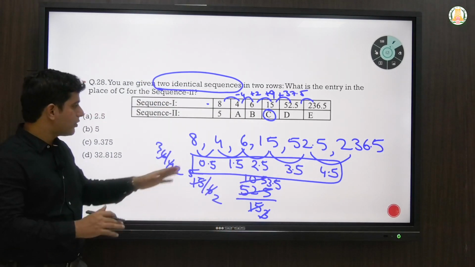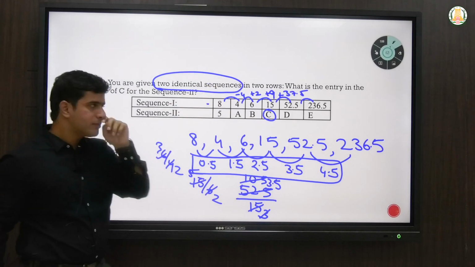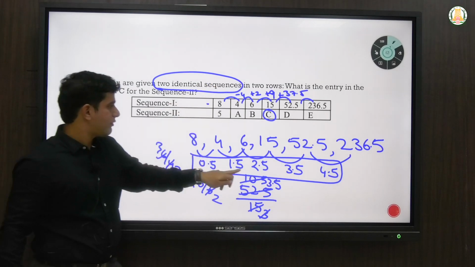So, now you have found out a pattern in sequence 1, and now he's saying two identical sequences means sequence 2 will also follow the same pattern.